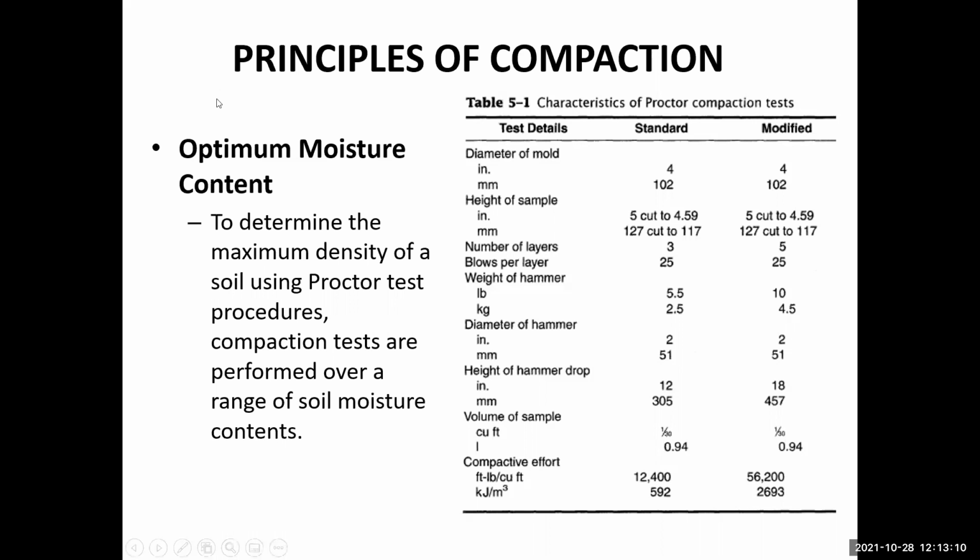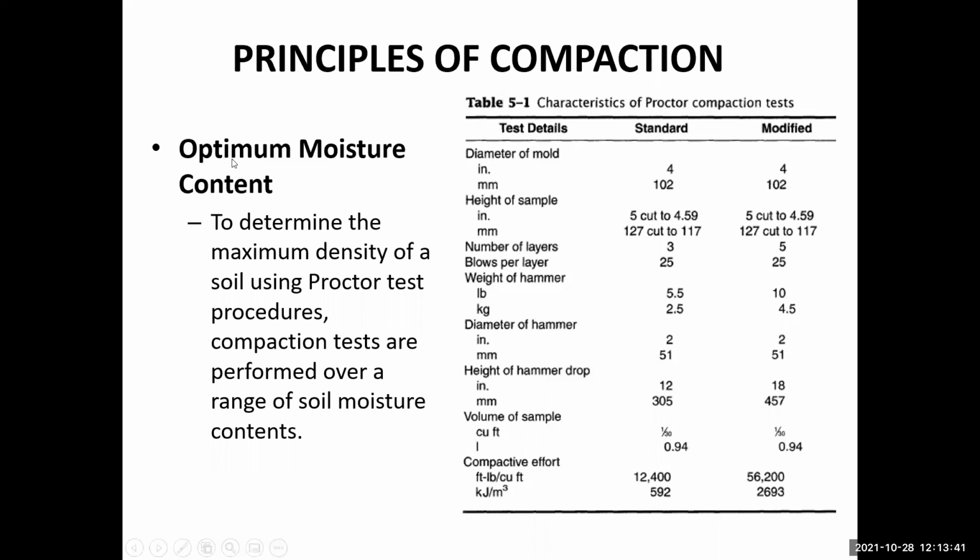So if we have a clay soil with 20% moisture content, and the same soil with 10% moisture content, and we apply the same effort to those two soils, that same effort will not produce the same compaction. Therefore, the moisture content in the soil plays an important role in compaction.